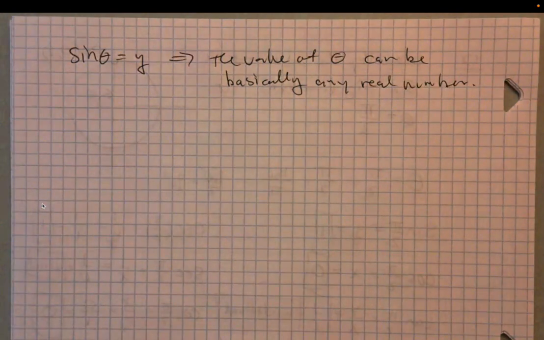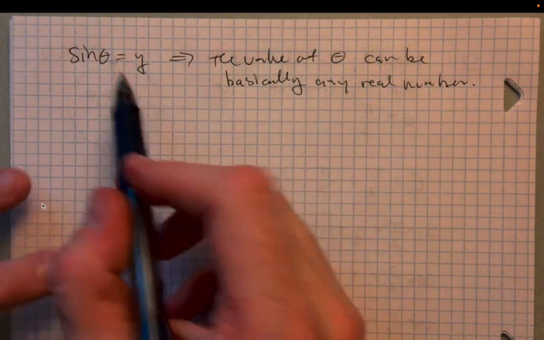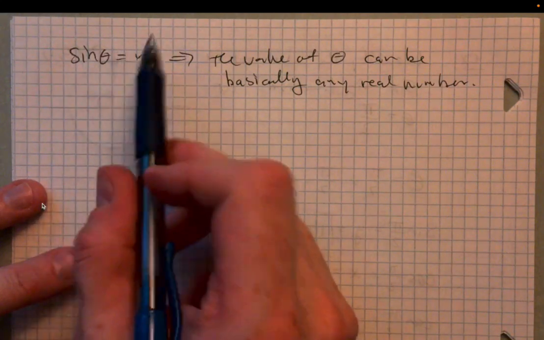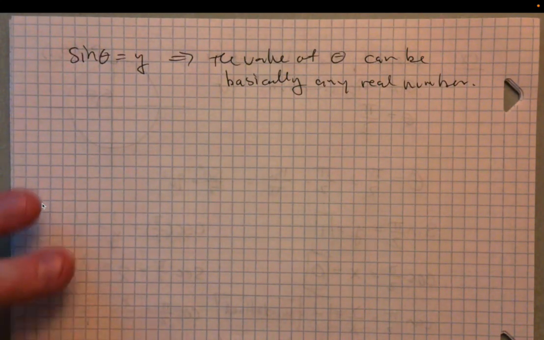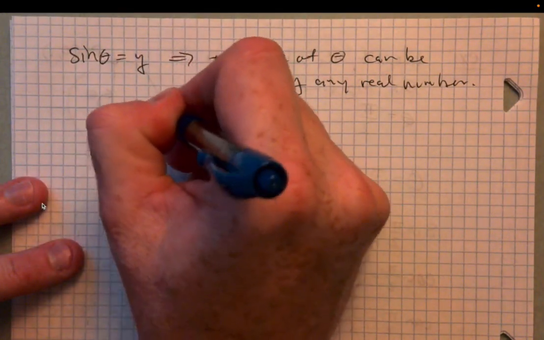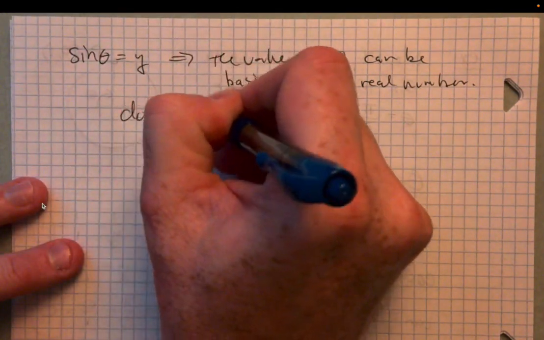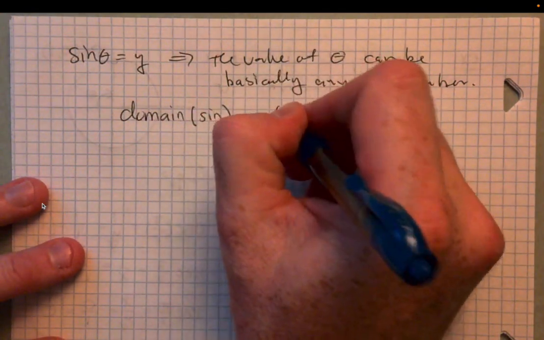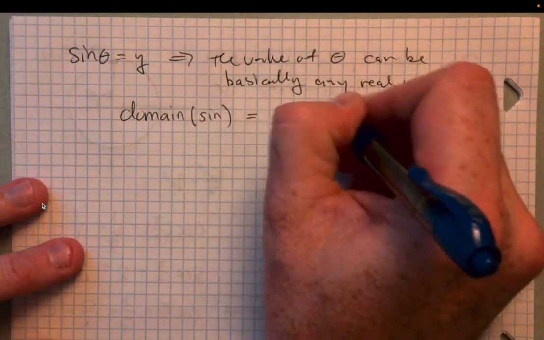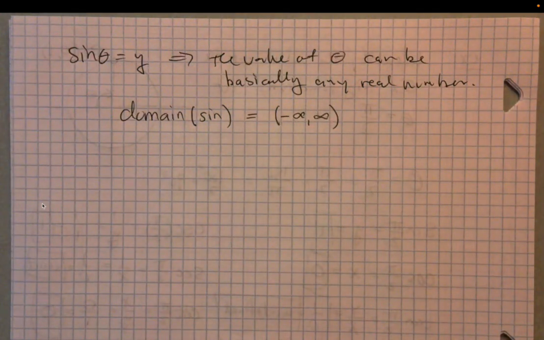There's no number that I can't plug into the sine of theta, because whatever I plug in here, it's just going to be equal to the y value. And so that means that the domain of sine is basically all real numbers. So we'll write it like this. Any real number can be plugged into this sine function.